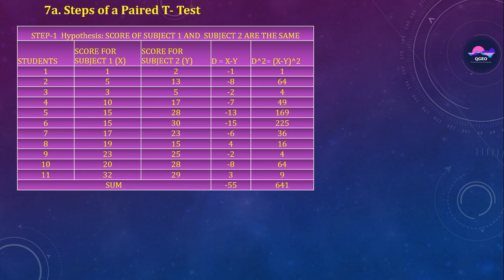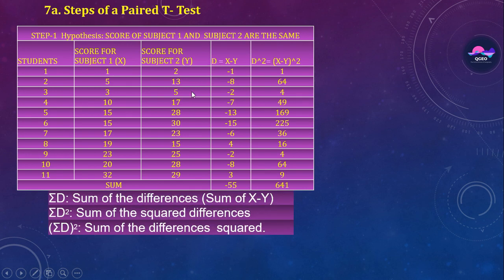Step 1, hypothesis: the scores of subject 1 and subject 2 are the same. Here are the 11 students, with the score of subject 1 and the score of subject 2. Here D means x minus y, and d square is x minus y whole square.